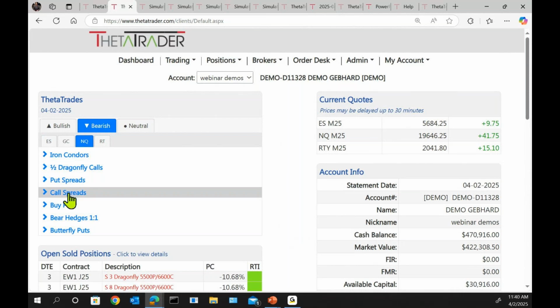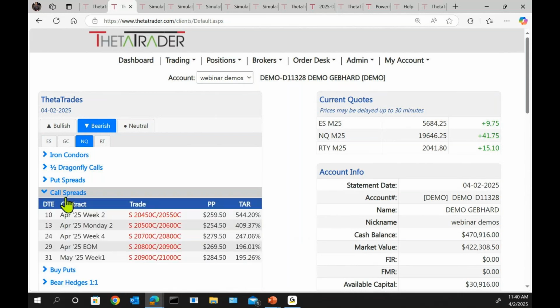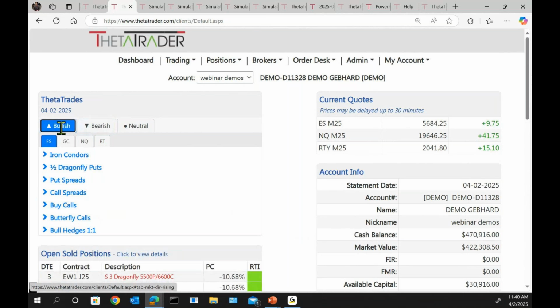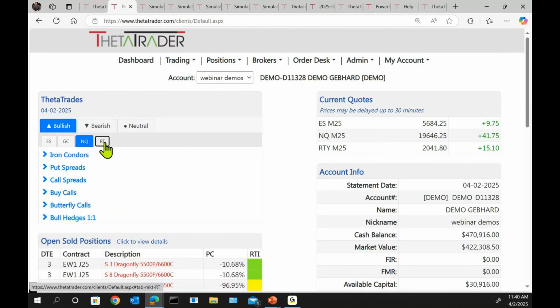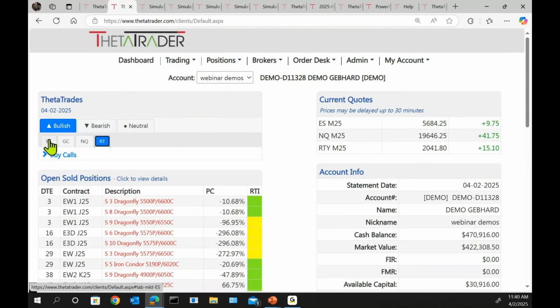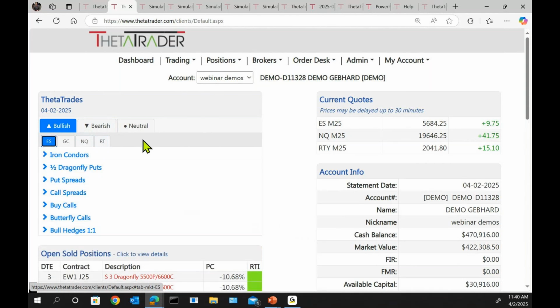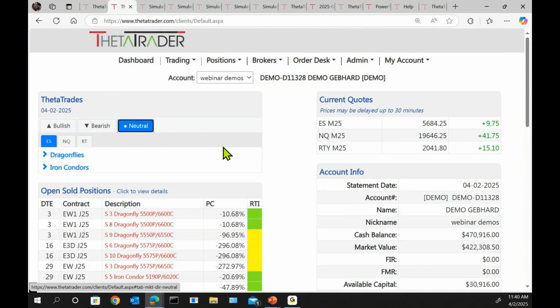You could sell some out of the money call spreads if you're bullish on the NASDAQ or the Russell 2000, whatever it might be. So I just want to point out, it's not just condors and dragonflies that ThetaTrader will work with, but that is a big focus because you have that probability on your side when you're collecting premium.